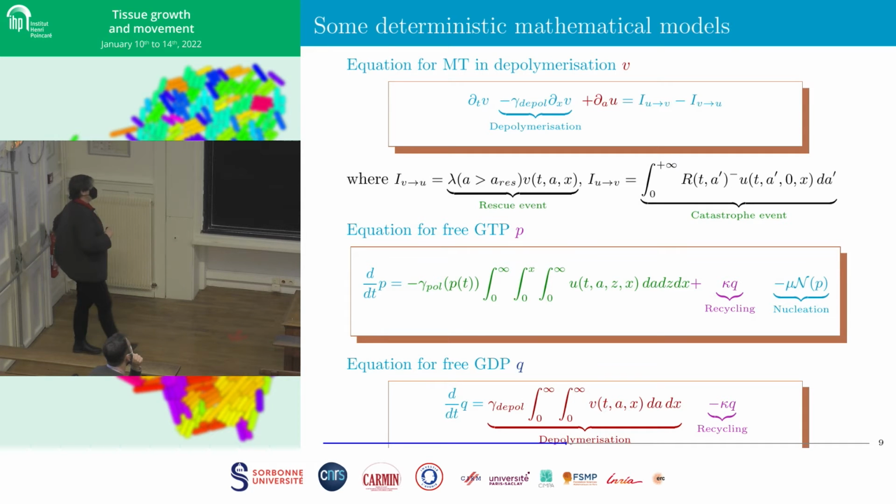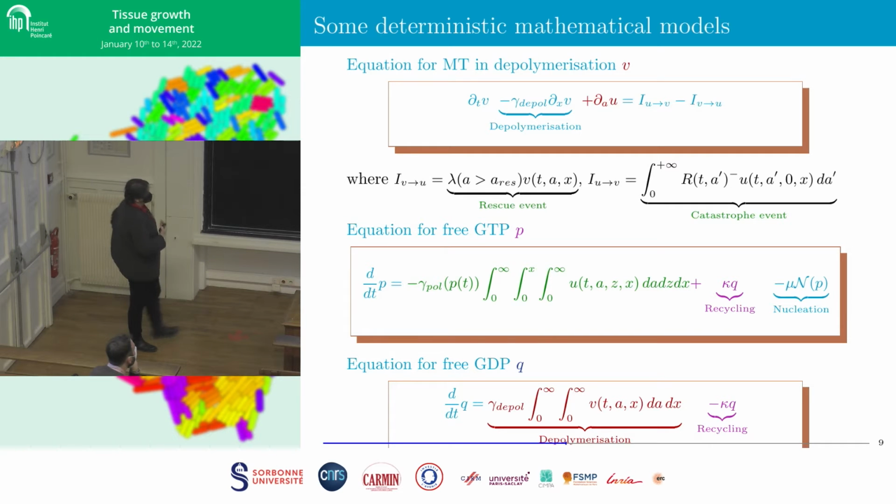Finally, in the last two equations, for P and Q: in the equation of P, you find a decrease of the population due to the polymerization, an increase due to recycling, and again a decrease due to the nucleation term. And in the equation of Q, you see the augmentation of the population due to the depolymerization and loss due to the recycling.